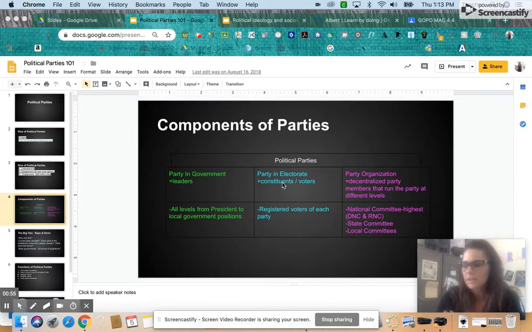Next, we have the party in electorate. So whenever you see the electorate, these are the people that elect these people. So these are the constituents or the voters that vote for the people that eventually serve in office. These people are registered generally as Democrats or Republicans.